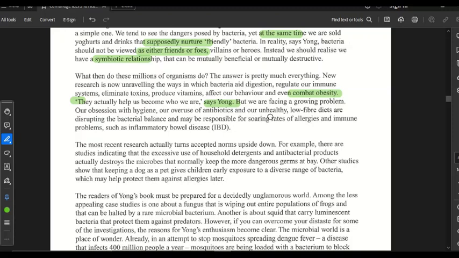But we are facing a growing problem. Our obsession with hygiene, our overuse of antibiotics, and our unhealthy low fiber diets are disrupting the bacterial balance and may be responsible for soaring rates of allergies and immune problems such as inflammatory bowel disease.